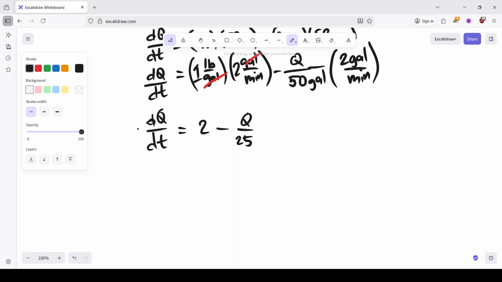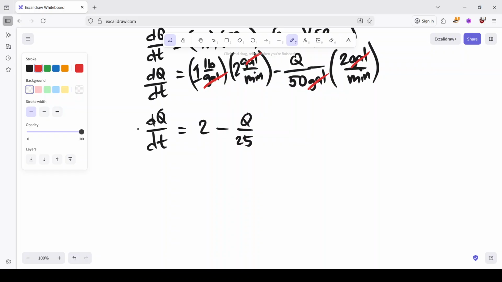This is now the resulting differential equation of our mixture problem, which, as you can see, is a variable separable problem.